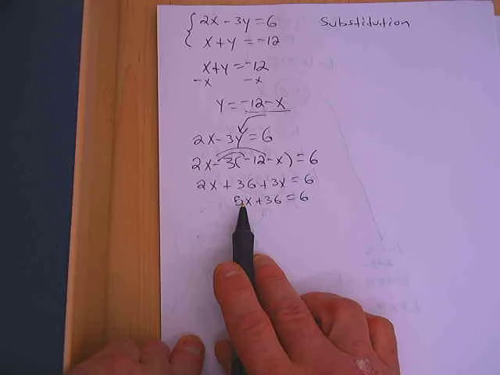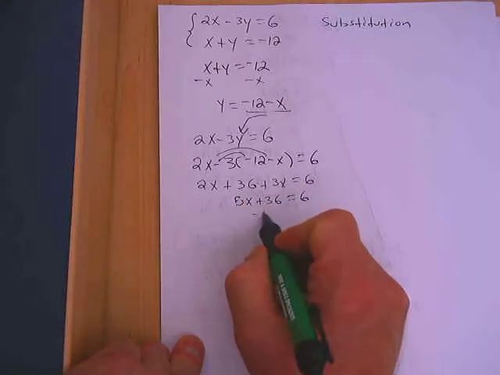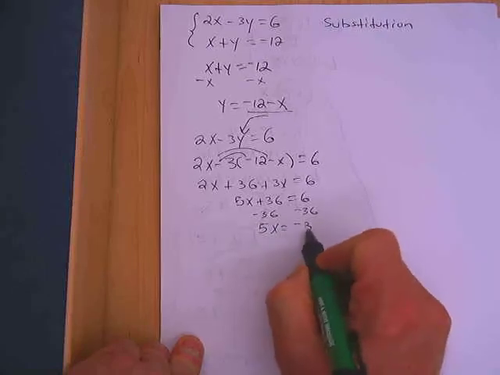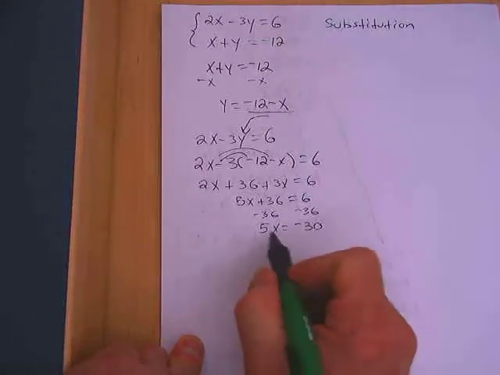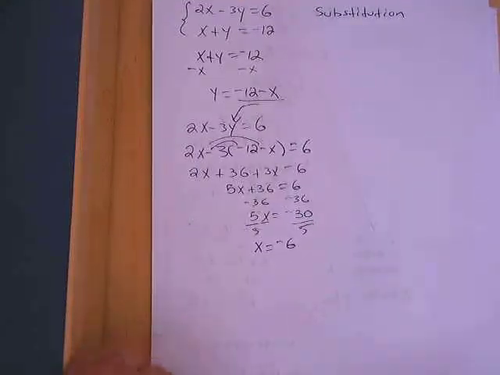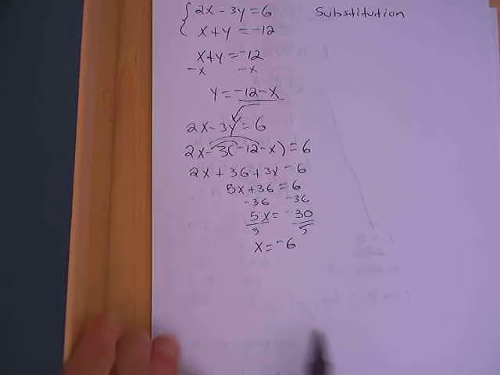Solving for x, we want to undo addition and subtraction first. So I'm going to subtract 36 from both sides and get 5x equals negative 30. Solving for x, I divide each side by 5. X equals negative 6. I'm almost done.